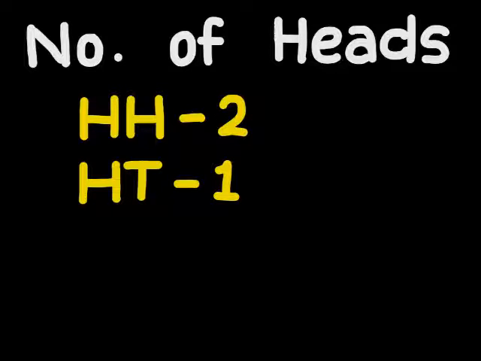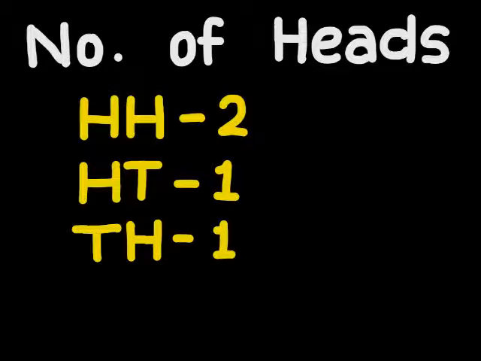Next, for the outcome HT, 1 is assigned, which means that on one of the throws the outcome is heads, hence represented by 1, and on the other throw the outcome turned out to be tails, which is represented by 0. So overall the value of X for the outcome HT is 1.